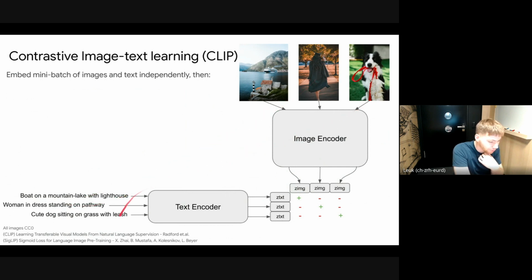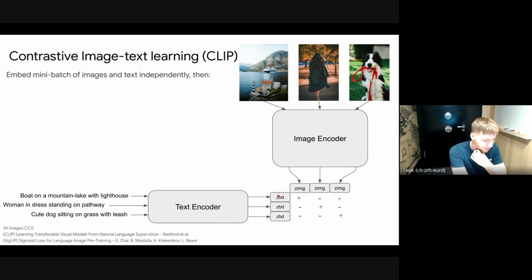And here we have three of them. Then you send all the images through an image model that takes in an image and outputs a single vector, let's say a 512-dimensional vector for each image. Similarly with the text, you send each of the texts separately through the text encoder, and for each text you get a vector of also the same, say 512, dimensions.